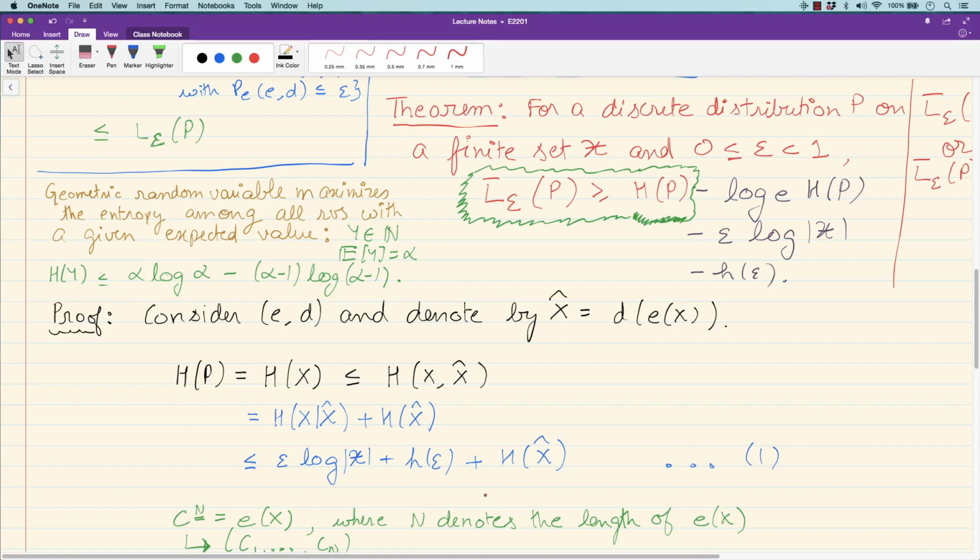Now, since this random variable takes values in the integers, and in fact we could have allowed it to take infinitely many values, this set X need not be finite, a countable set will do. Therefore, we are using an appropriate replacement of uniform distribution, which is the fact that a geometric random variable maximizes entropy among all random variables with given expected value. So that's the result.